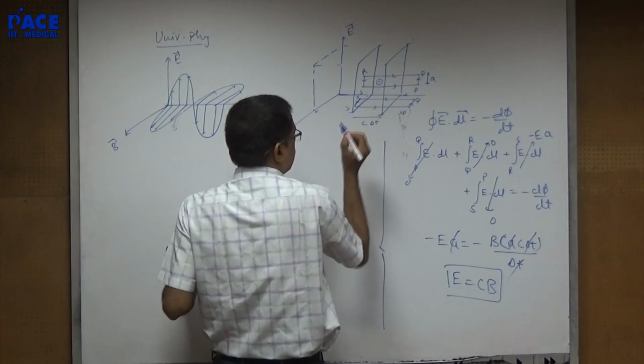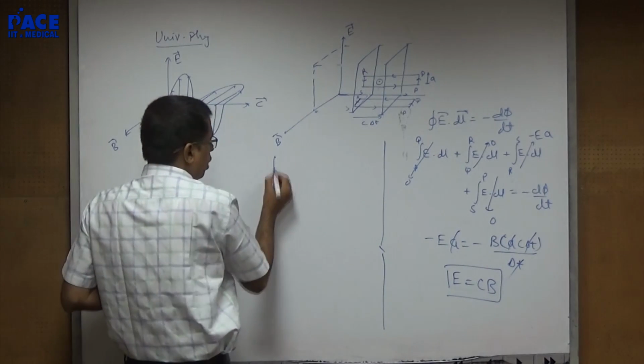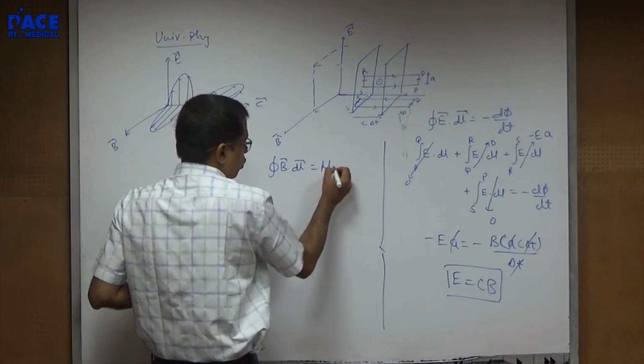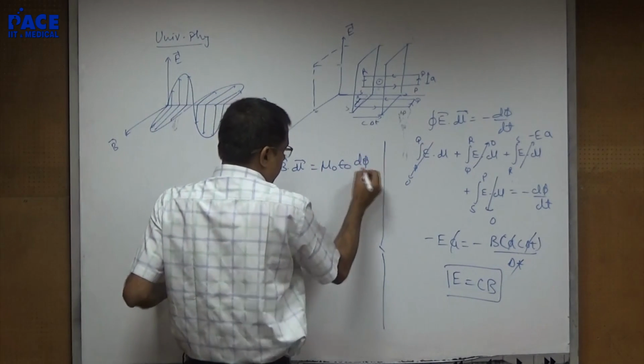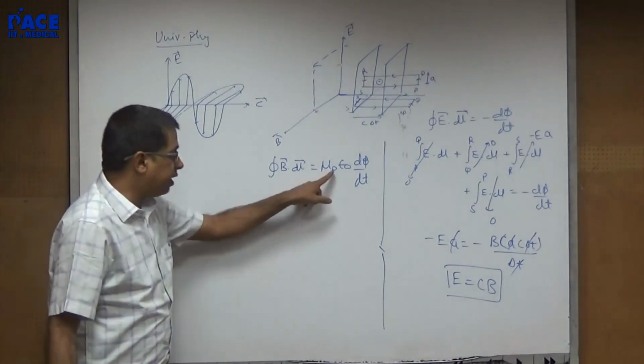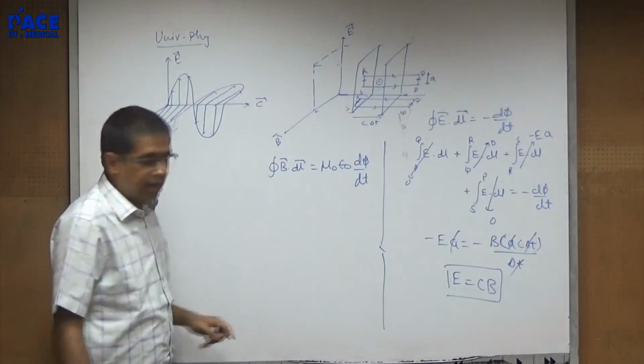PQRS, anti-clockwise. Now closed integral B dot dl is equal to mu naught epsilon naught d phi by dt. Do you all agree with that? Current doesn't exist. This is time varying electric field.